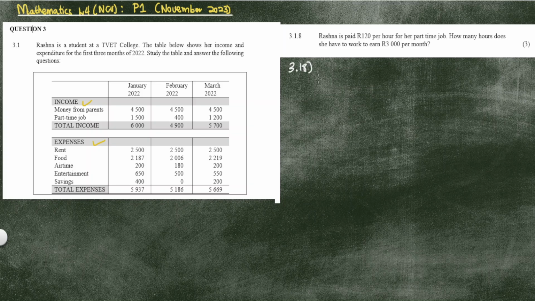Now the hourly rate for Rashna is 120. The salary that she wants to earn per month is 3,000. Now the question is, how many hours must she work in order to earn this much per month?